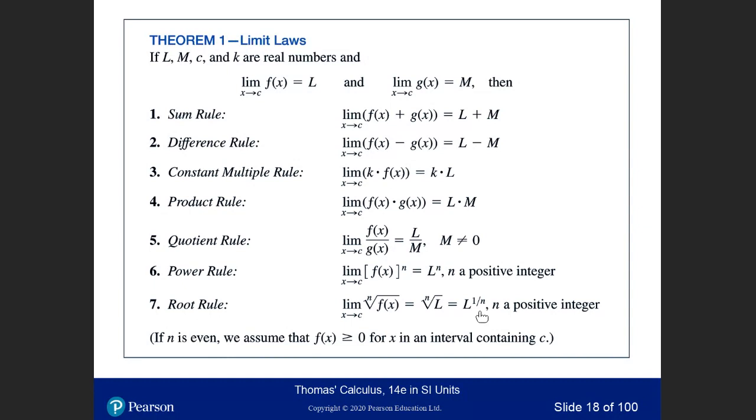Of course, this holds if L to the 1 over n is a real number. Because, for instance, if L is negative and n is 2, the square root of a negative number is not defined here.